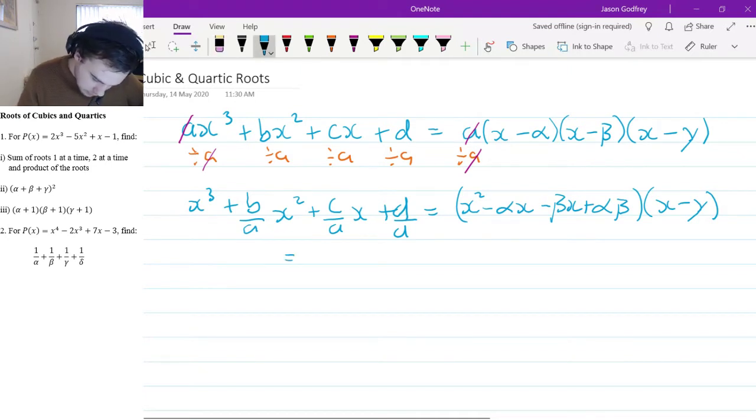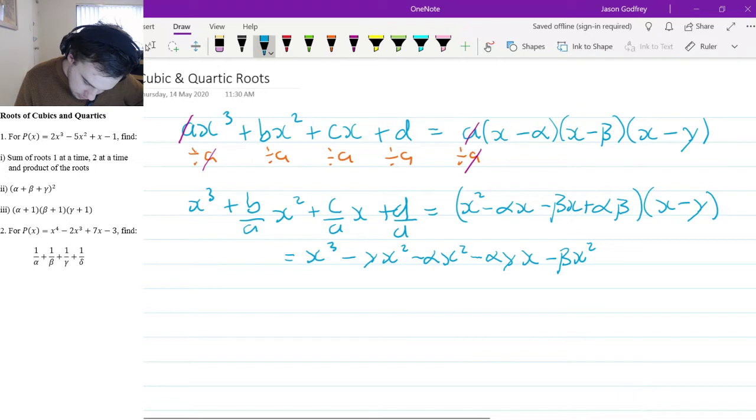So we've got x squared times x is x cubed, x squared times minus gamma is minus gamma x squared. We'll do this term now, minus alpha x squared, minus alpha gamma x. Next term, minus beta x squared.